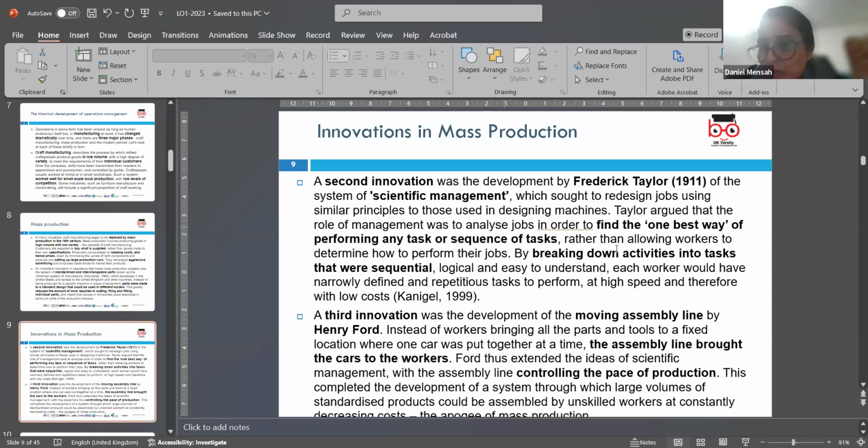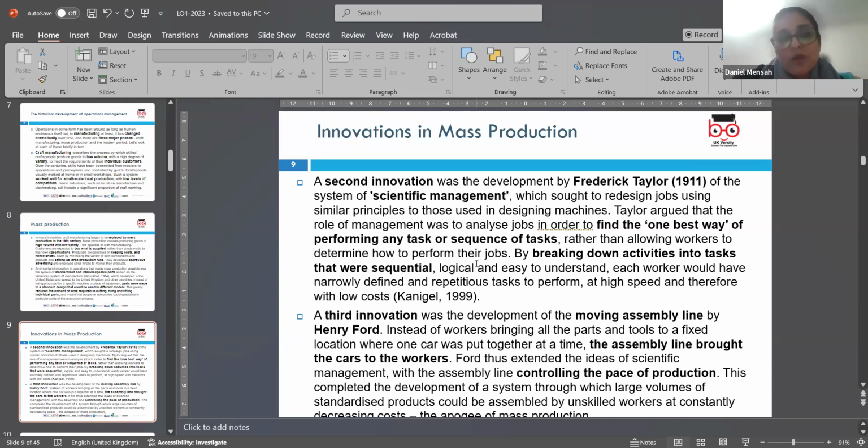They observed the activities, tried to reduce the tasks, and mainly broke one job into small activities. They broke activities down into tasks in a sequence: the first step, second step, and third step. It helped to do the work quickly, and the main focus was again on efficiency.